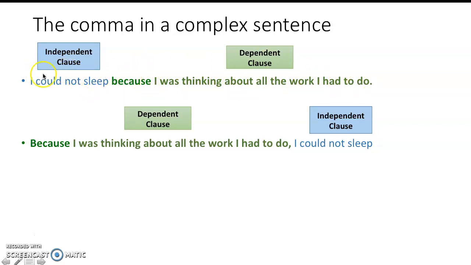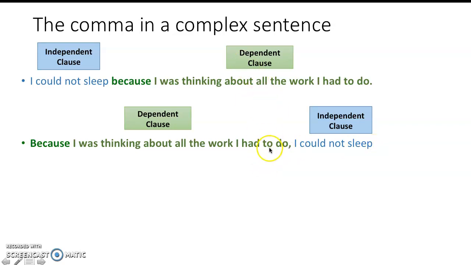In this case, from a structural point of view, it makes perfect sense. Now you could decide to start with the dependent clause first and the independent clause second: Because I was thinking about all the work I had to do, I could not sleep. In this case, you need to put a comma.